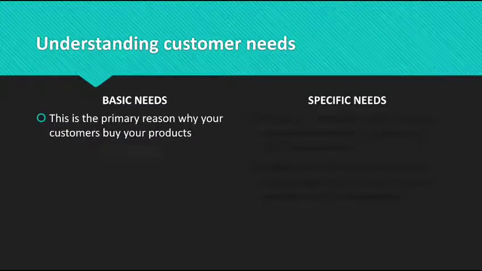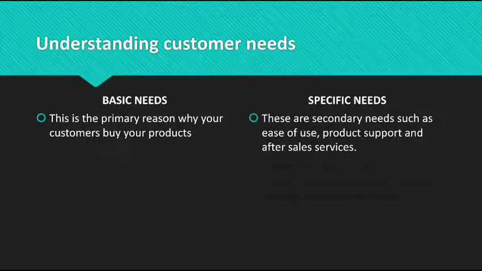A basic need is the primary reason why your customers buy your product. It can be hunger, it can be boredom, it can be a need to cover up. Someone needs clothes. So those are the basic needs. And then we've got the specific needs. These are secondary needs such as ease of use, product support, and after sales service. So this one goes beyond the basic need.